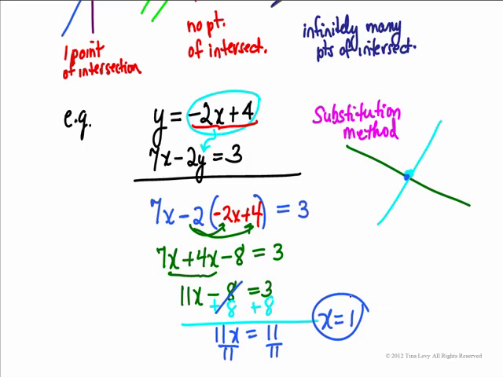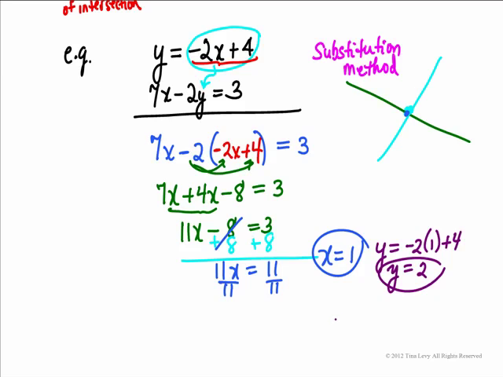Now to get the y-coordinate, we just take the 1, which is on both lines, and we go up to the first equation. And this tells us the y-coordinate is negative 2 times 1, the x, plus 4. So we get y is negative 2 plus 4 is 2. We now have the point of intersection of the two lines, and it is the point 1, 2.